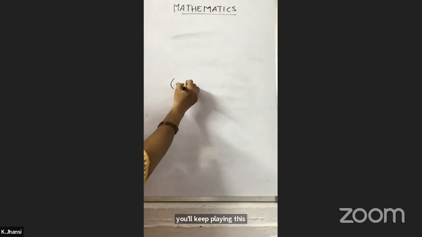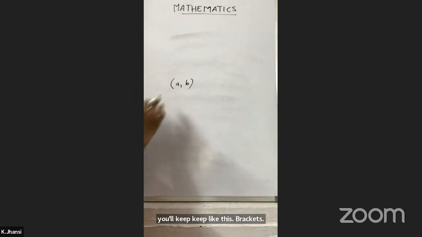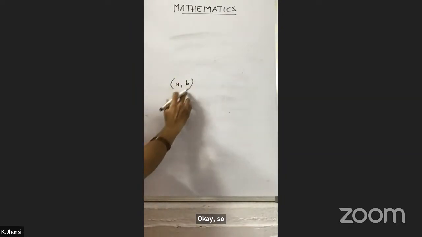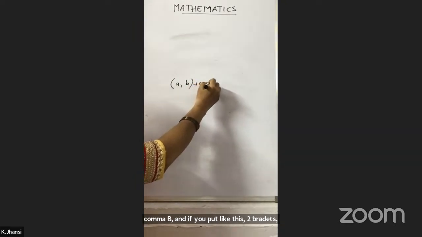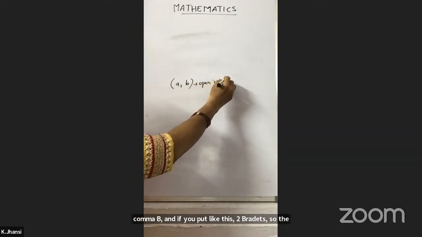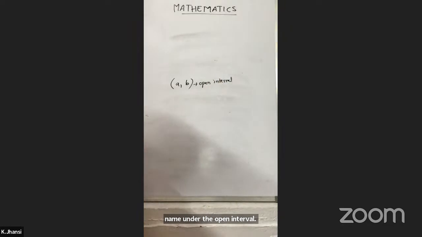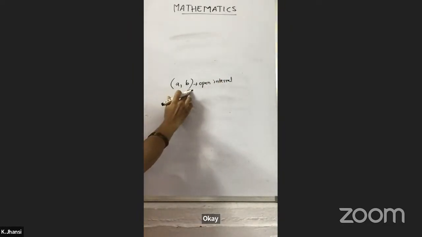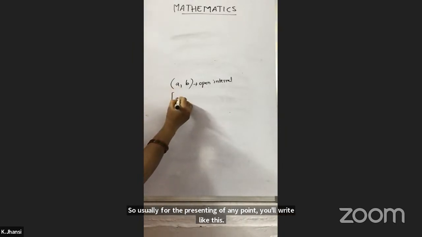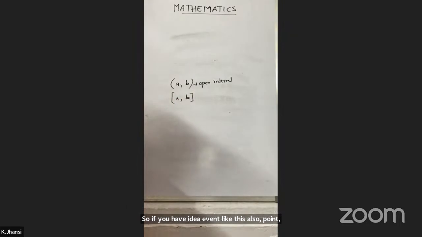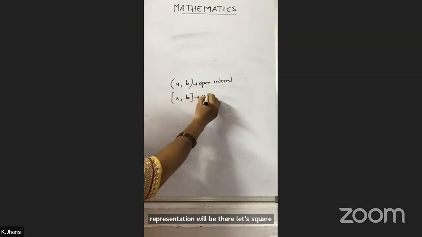So A comma B. If you take any two elements A comma B and if you put like this two brackets, so the name is open interval. Okay. So usually for representing of any point, you will write like this. So if you have idea, even like this also point representation will be there, like square brackets. So this is called as closed interval.